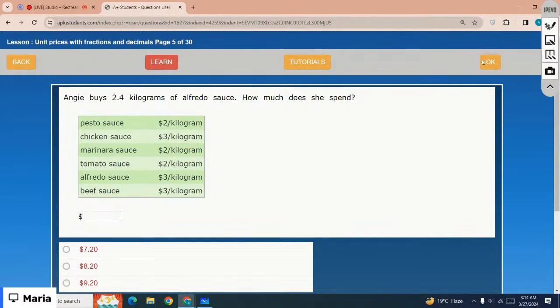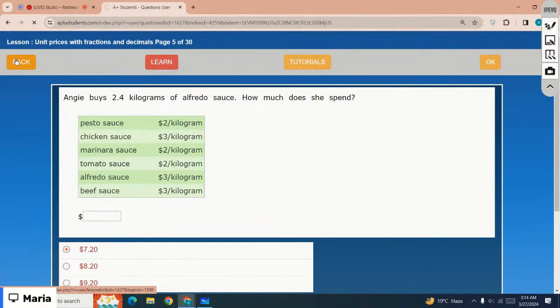You need to calculate. When you multiply, that would be $7.20. The correct option is $7.20, right? Okay, you can complete the lesson by yourself later today.